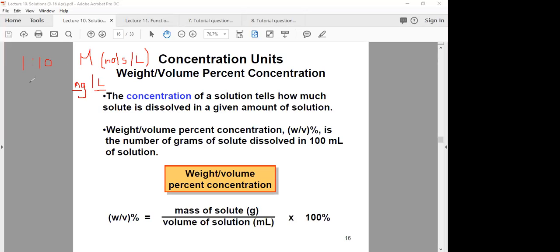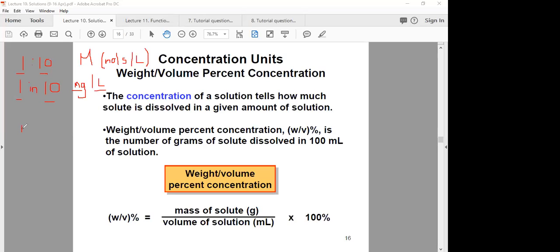Or we can say, slightly different, 1 in 10 would be different. So 1 to 10 means 1 part of something in 10 parts of water or whatever the solvent is. 1 in 10 is a little bit different, isn't it? Because this means that you've got 1 part plus 9 parts. So 1 part of the solute, for example, and 9 parts of the solvent, for example, water. So slightly different. But ratios are also considered a concentration.